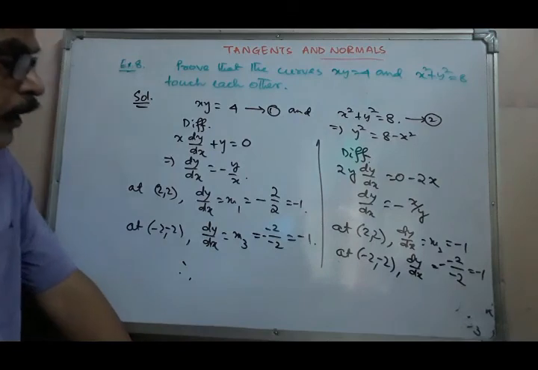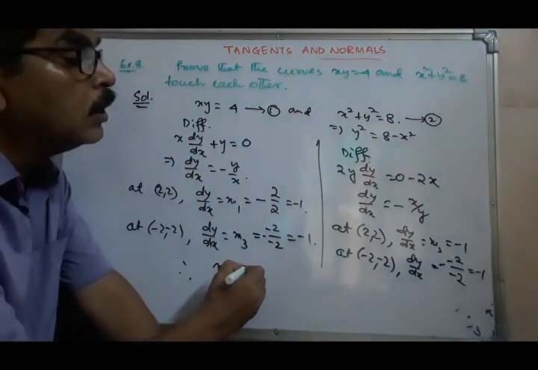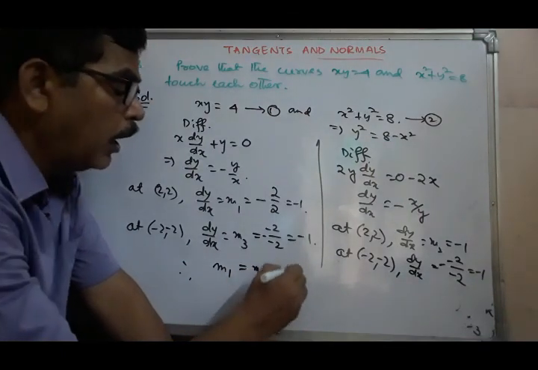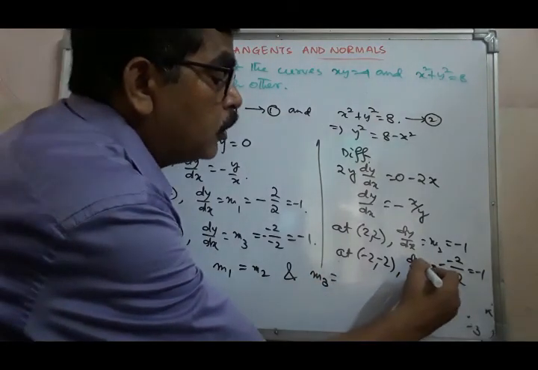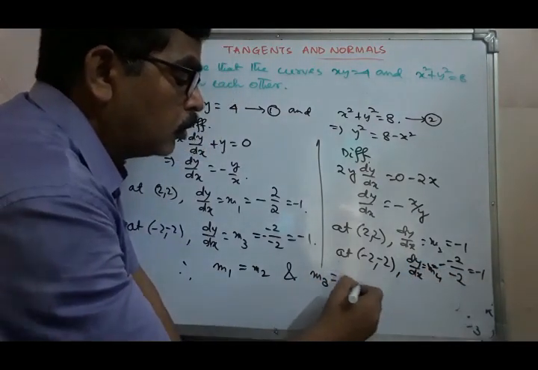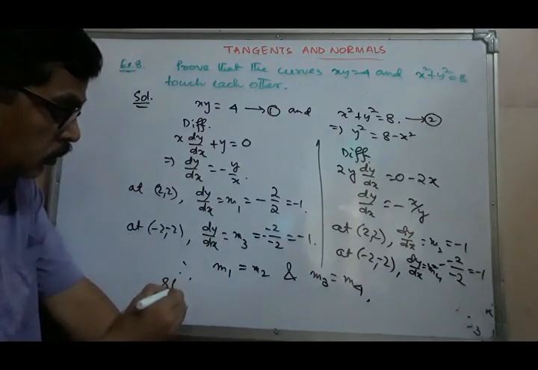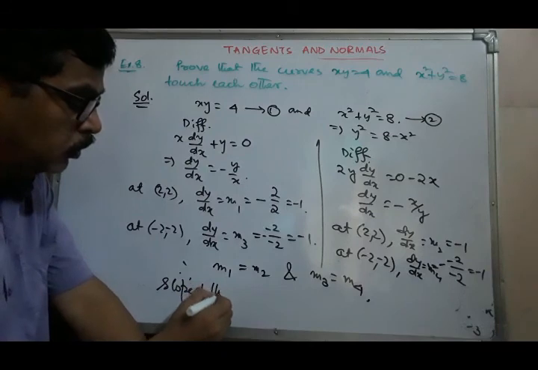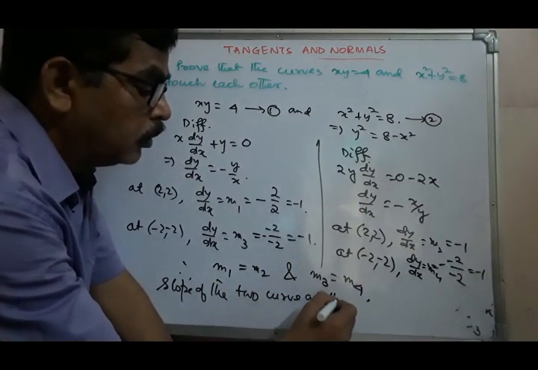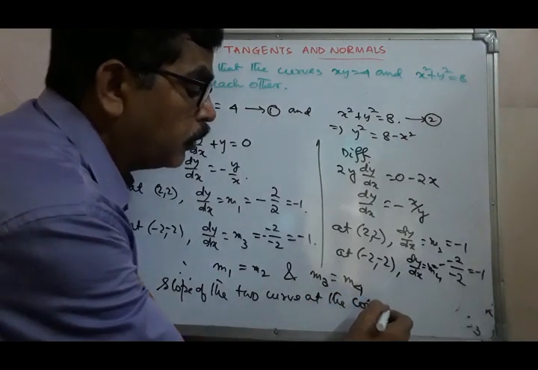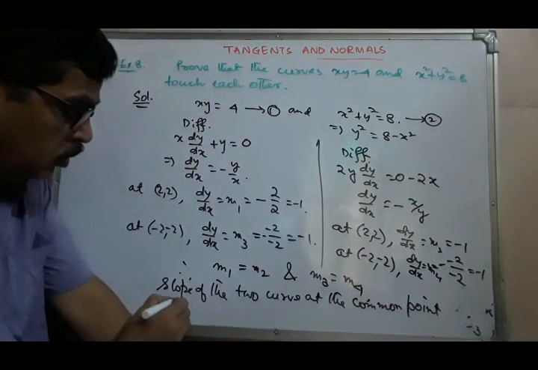So therefore we are finding m1 equal to m2 and m3 equal to m4, say. So the slopes of the two curves at the common points are same.